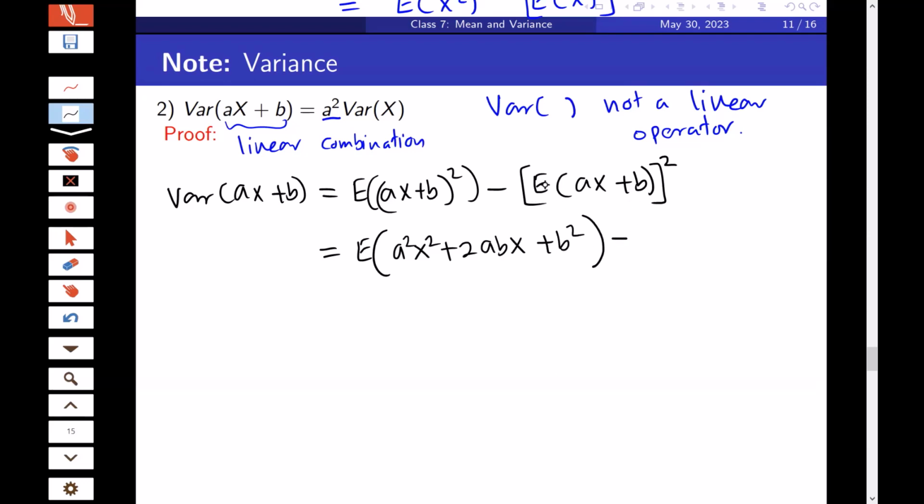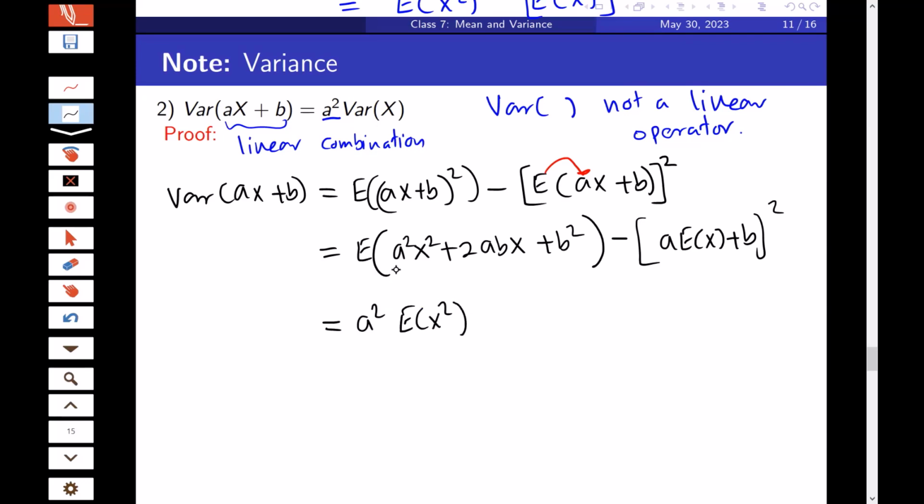And I'm going to take this E inside here by keeping this square outside: (a E of x plus b) squared, because expectation is a linear operator, so I can bring it inside. I bring this one inside without making any changes, and I expand this one by keeping expectation outside.